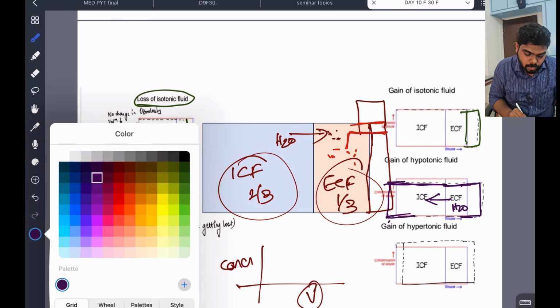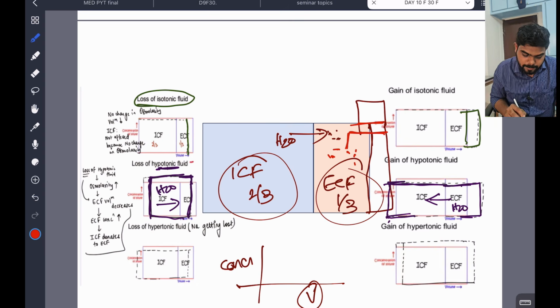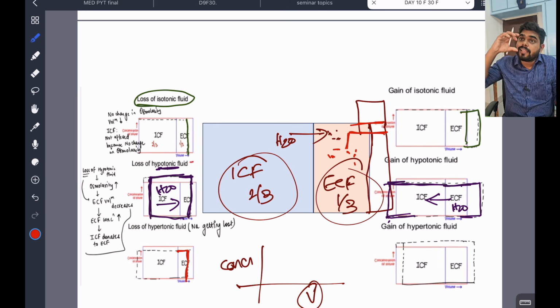Now loss of hypertonic. So what is happening? Now you see here, hypertonic is lost, so volume reduced. Excess solute is lost. So finally, the solute concentration, osmolarity, reduces. Because high osmolar solutes are leaving, osmolarity decreases. It becomes low osmolar.